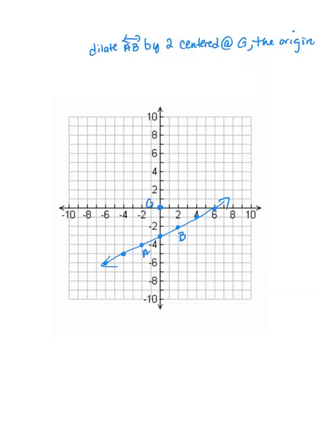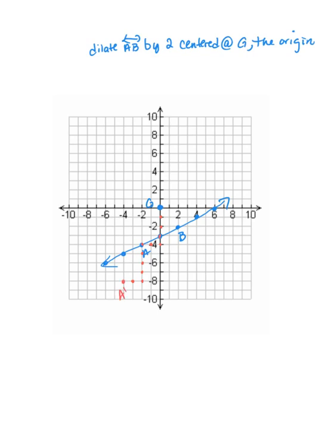So here I have the center of dilation off the line. So if I just use A and B, and let's say I go from G to A, I'd be going down 1, 2, 3, 4, left 2. So I would repeat that. Down 1, 2, 3, 4, left 2. So that would be A prime.